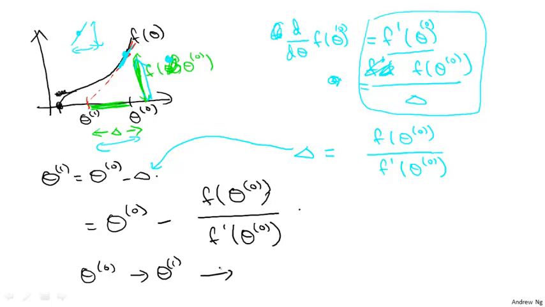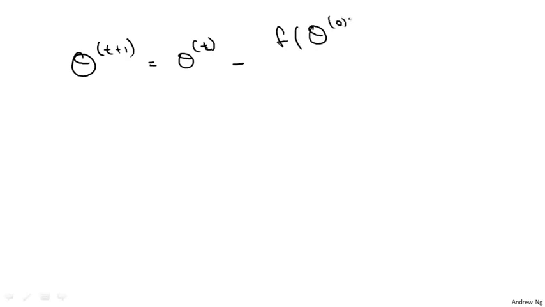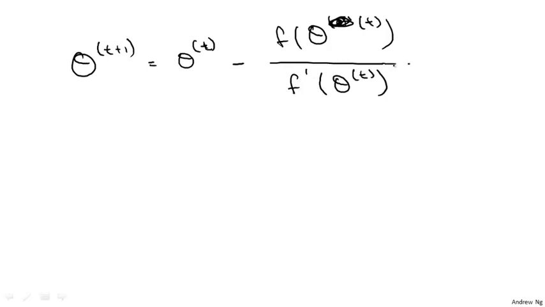And of course, you do the same thing to go from theta 1 to theta 2 in the next iteration, and so on. Let me write out the general form: one iteration of Newton's method updates theta t plus 1 to be the previous value theta t minus f of theta t over f prime, the derivative of f, evaluated at theta t.